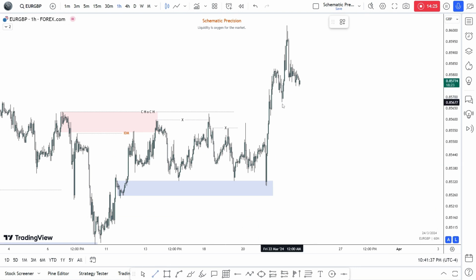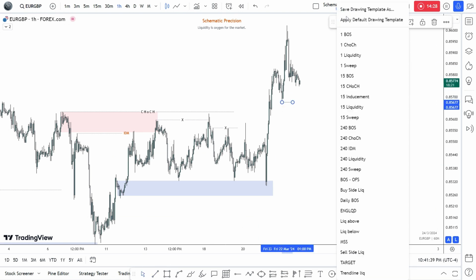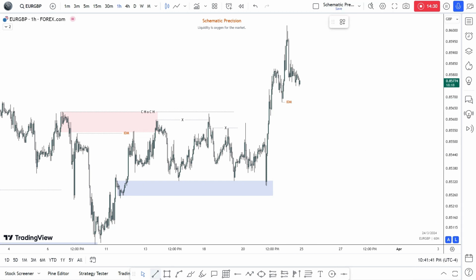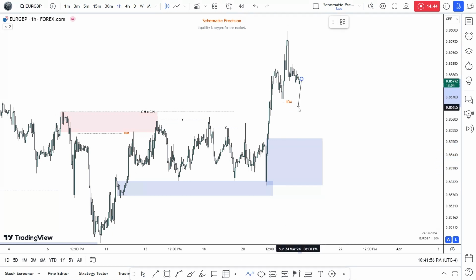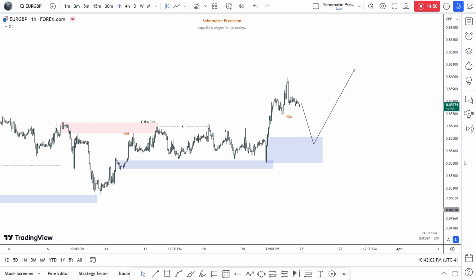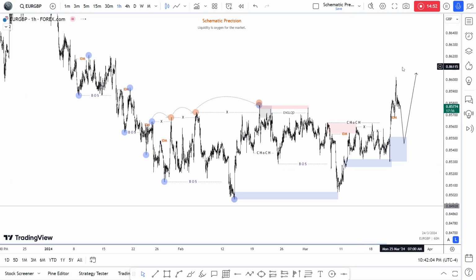So marking out our inducement on 1 hour. This is our inducement, and this is our complete order flow we have. So this is one of the pairs. Let price come down, take the inducement, mitigate this demand, order flow, and continue higher one more time.